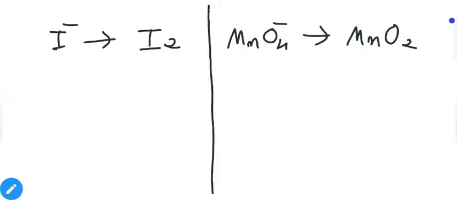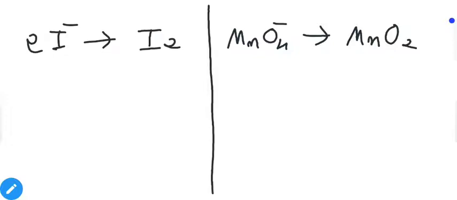Now in the next step we balance the atoms except hydrogen and oxygen. In the oxidation half reaction we have 1 I minus on the left and I2 on the right, so we put 2 on the left. So 2 I minus will produce 1 I2. In the other half reaction we have 1 Mn on both sides, so no need to balance it.